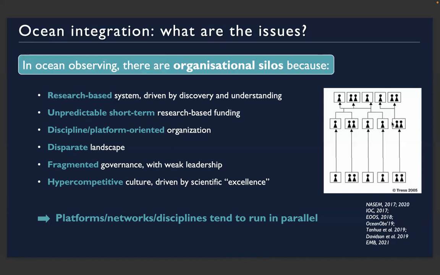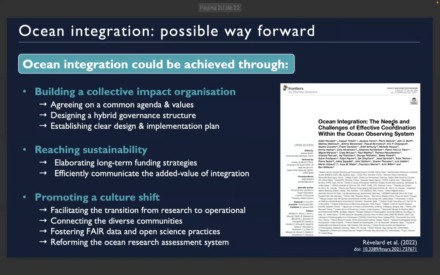So how could ocean integration be achieved? Well, with 40 other co-authors, we have come to the conclusion that we could achieve more ocean integration through 3 main ideas. First, we could build collective impact organizations. That means that all the actors of the ocean observing system could agree on a common agenda and values.